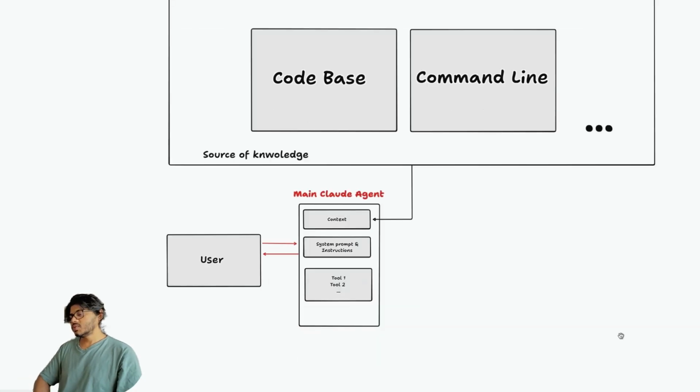But the main issue with this single agent workflow is that when the tasks get bigger or there are multiple steps in the task, the agent's context window gets cluttered with so much information and it can't focus on a single task. This is exactly the problem sub-agents solve.